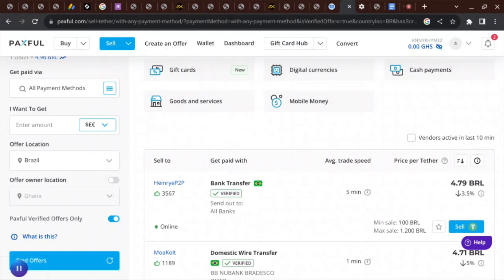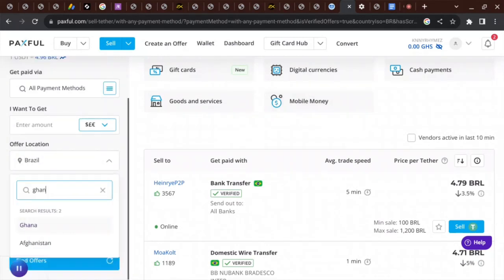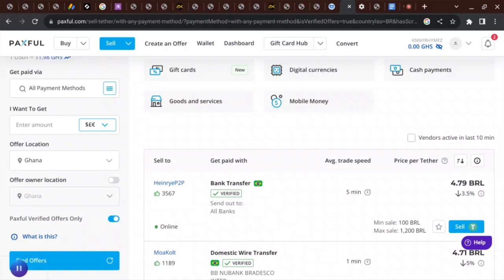So if a person wants to trade with people from, let's say, Brazil, Argentina or America, you can do it, but you have to always compare their currency to your currency and see that you are making good profits. That's how you can do your global trade.